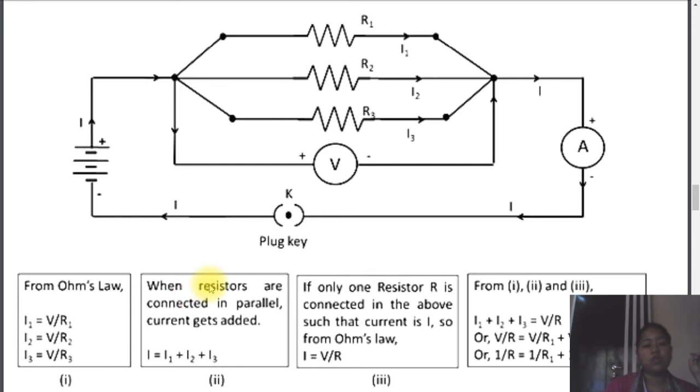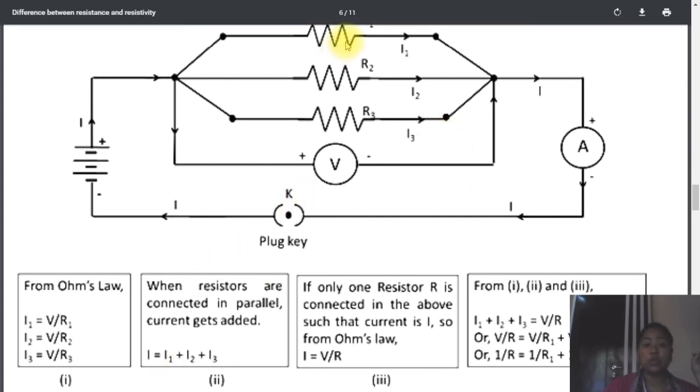Now, as we know, when resistors are connected in parallel, the current is split through each resistor, and the sum of the currents through each resistor is the total current flowing through the circuit.